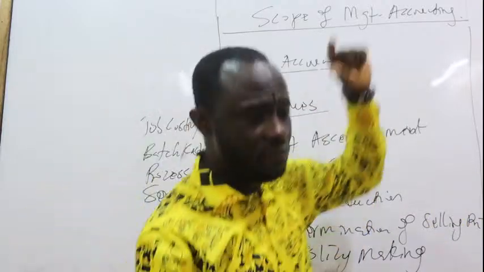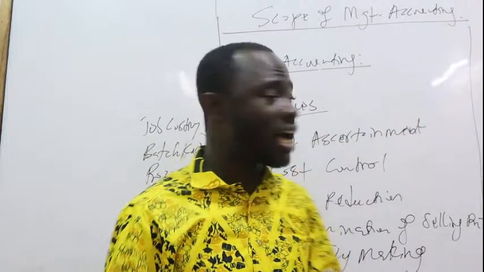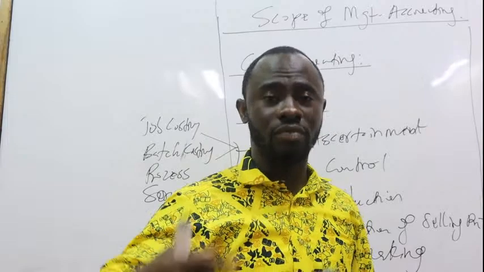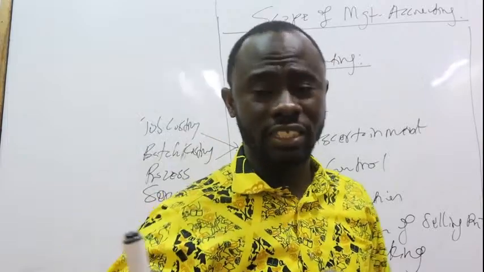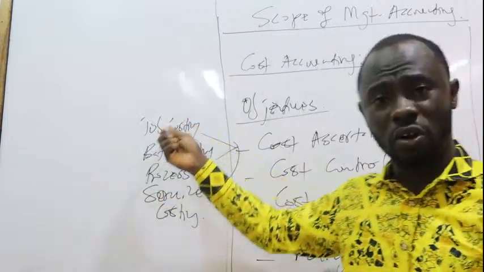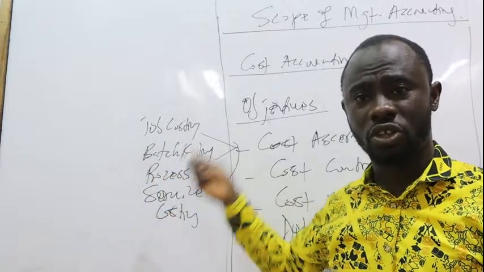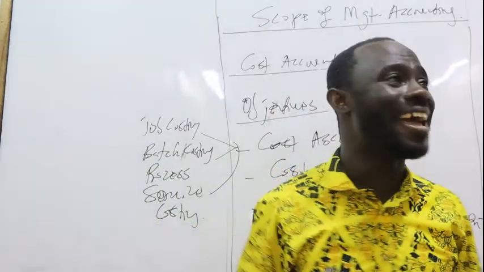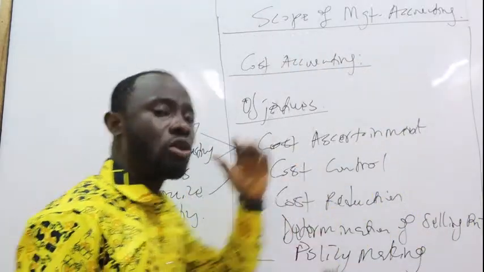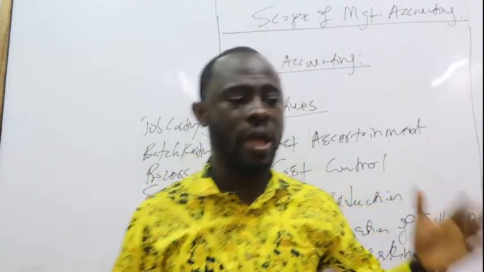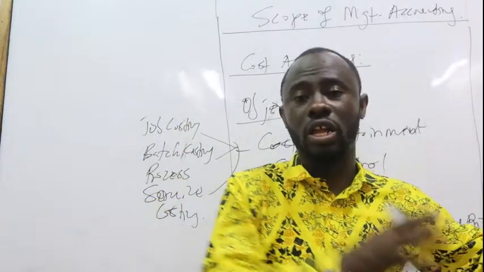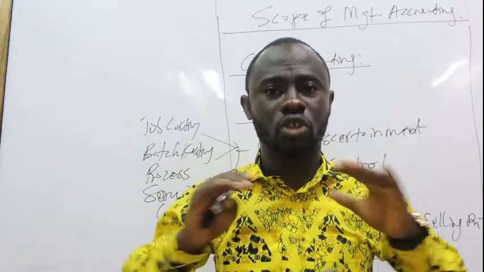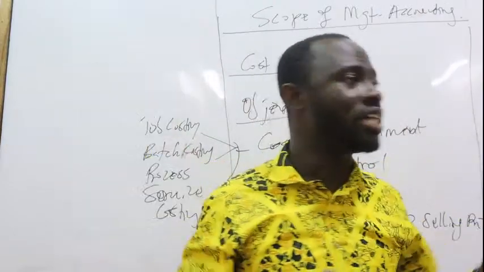So what are we saying? The first objective of cost accounting is cost ascertainment, where we are determining the cost of an activity, a process, or an undertaking. And that is where job costing, batch costing, process costing, service costing, contract costing, and all of those costing methods will be coming in. However, cost control is where we're comparing the actual against the budgeted to be able to find out whether we are within the budget or outside the budget.